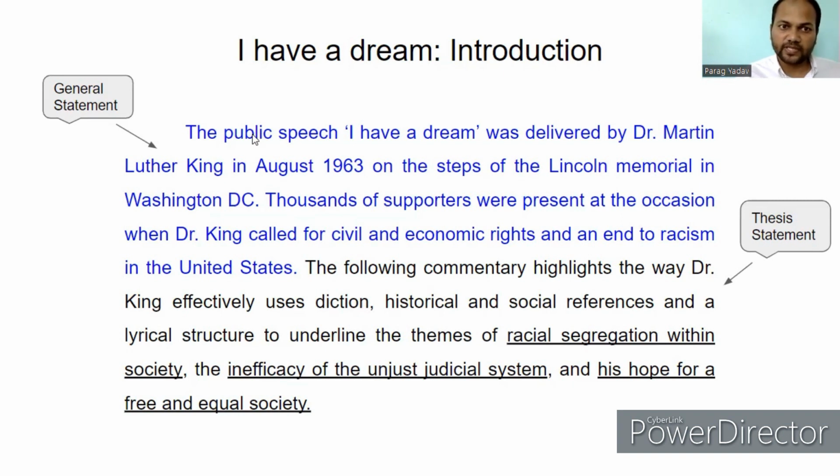Text type, that is public speech. Title, I Have a Dream. Delivered by whom? Dr. King. When? August 1963. Where? On the steps of the Lincoln Memorial in Washington, D.C. Addressed to whom? Thousands of supporters were present. And why? Because Dr. King wanted to call for civil and economic rights and an end to racism in the US.